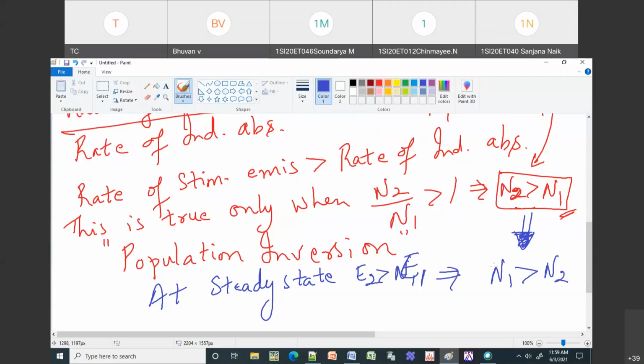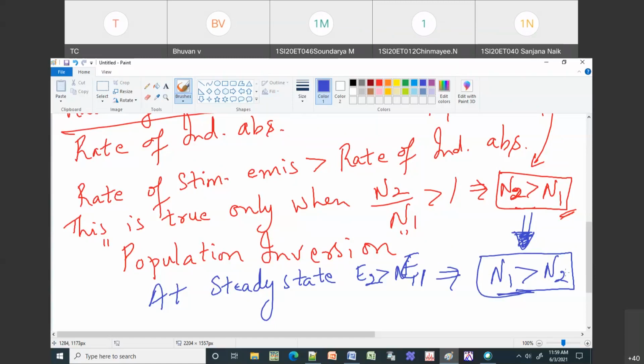So the condition we want is the reverse of your steady state. So at steady state what happens? The number of atoms in ground state should always be more than the number of atoms in the upper state, or the higher energy level.